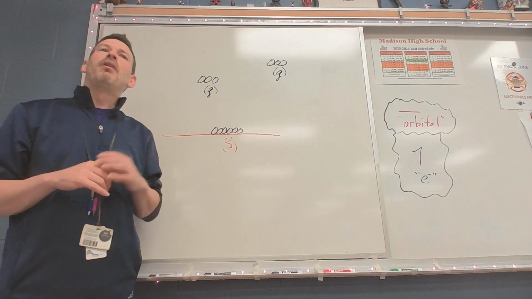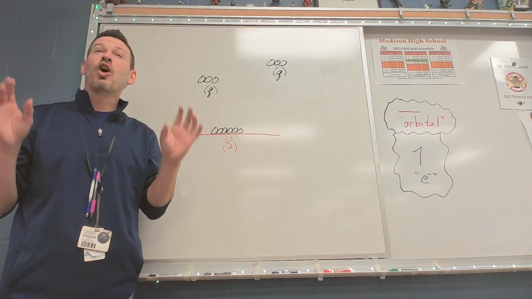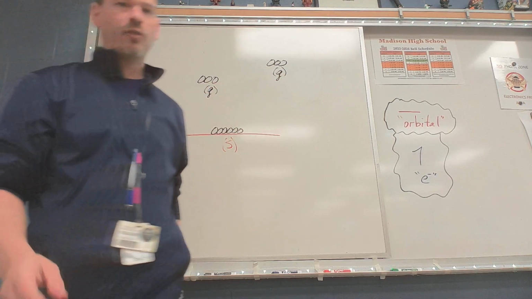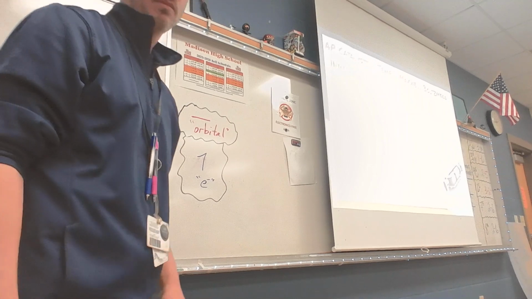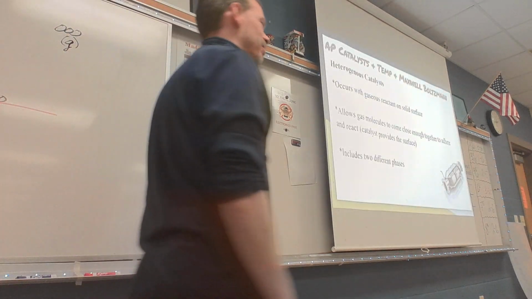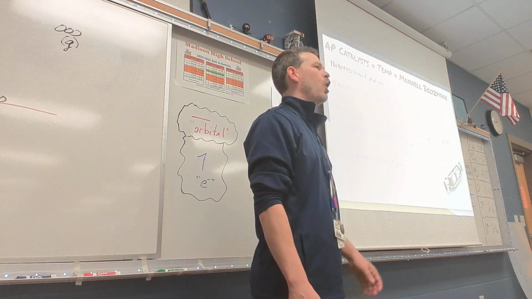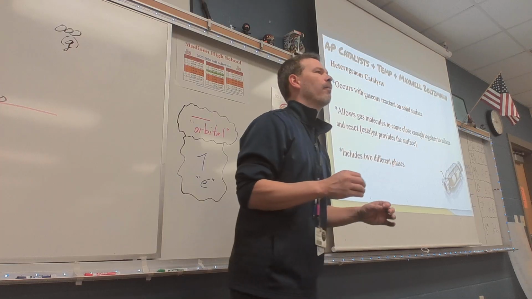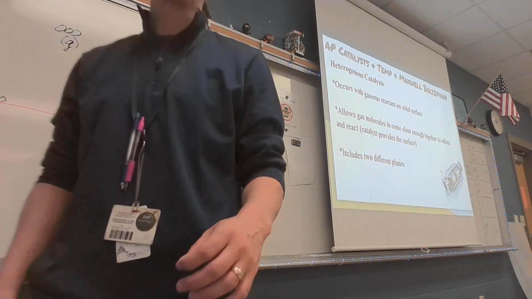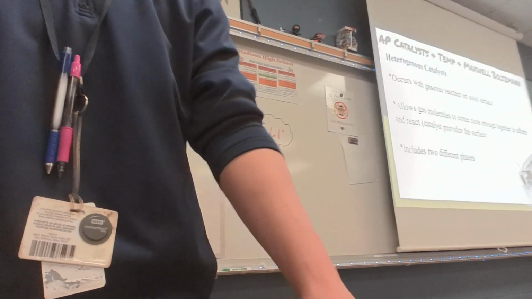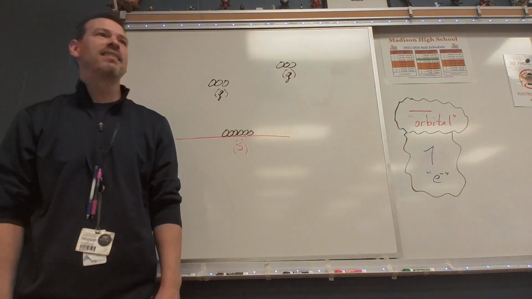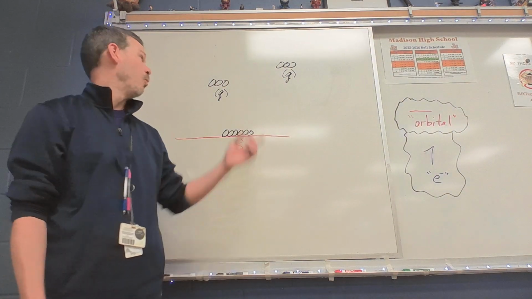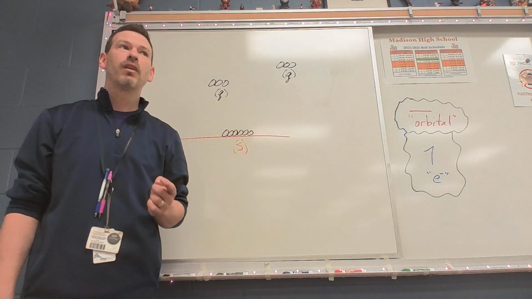A good example of this takes place inside of your car. Does anybody know what that's a picture of over there on the screen? It's called a catalytic converter. I want you to think about that phrase. Catalytic converter. Sounds like catalyst, and it sounds like there's a conversion of one thing turning into another.